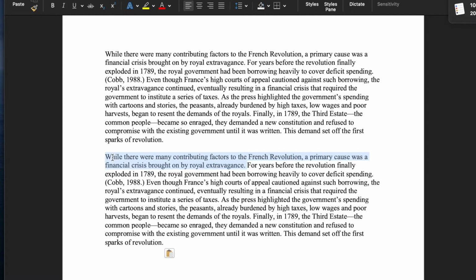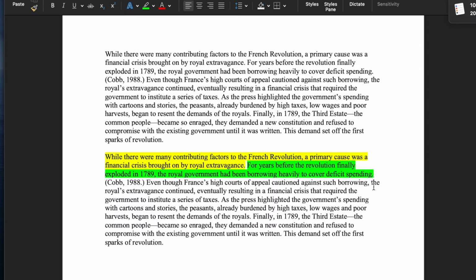This first sentence here, like I said, is introducing what is going to be discussed. So this is essentially our topic sentence. We are introducing that this is going to highlight both causes and effects, the financial crisis and the French Revolution. In this second sentence, we are talking about the first cause, which was the royal government spending and borrowing.